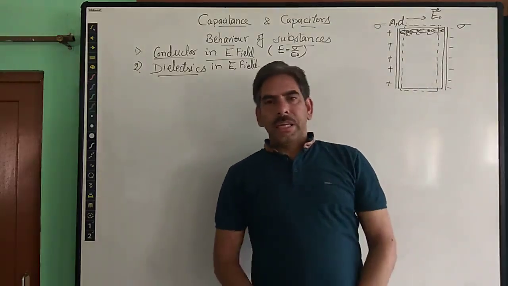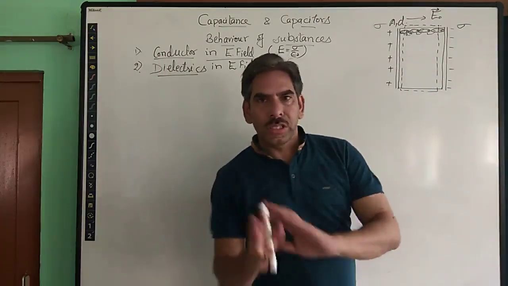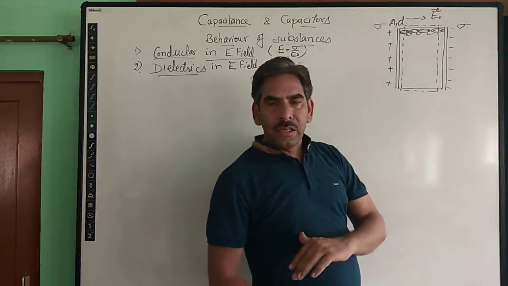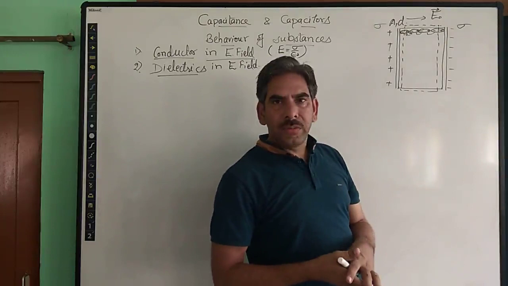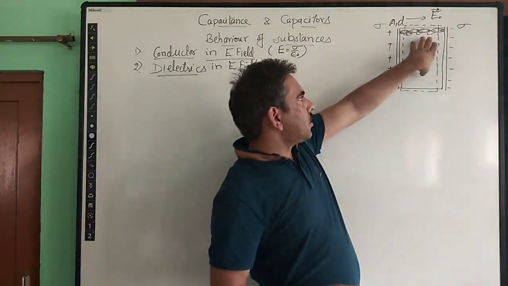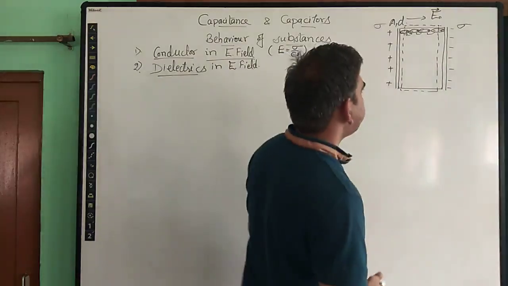In a similar manner, the net charge inside a conductor is also 0. So this is the similarity between dielectric and conductor. Whenever they are placed inside an external electric field, the net charge inside the dielectric and the net charge inside the conductor is 0. Okay.